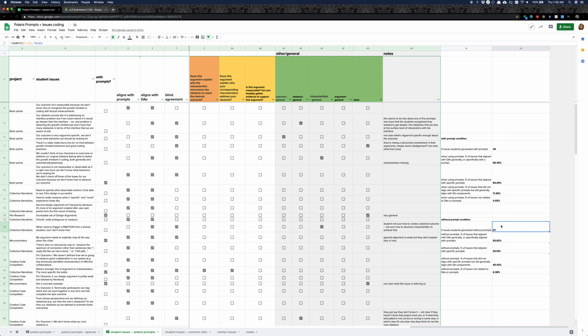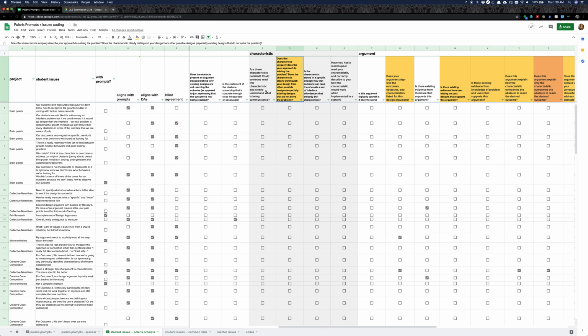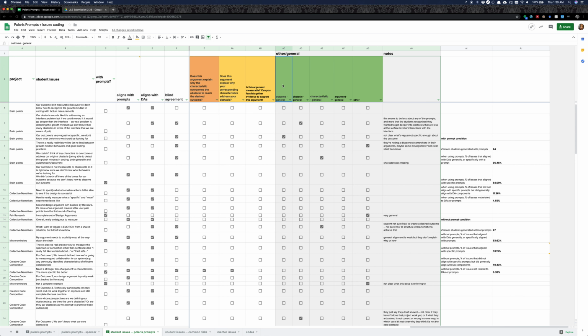What's interesting though is, we'll start with when students use the prompts, the number of issues that aligned with these specific prompts themselves or were generally about the design arguments were quite high. So of all the issues that students generated using prompts, over 95% of them were either related specifically to the prompts or generally about their design arguments.